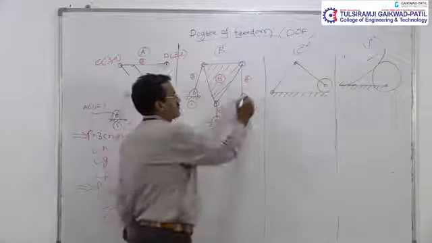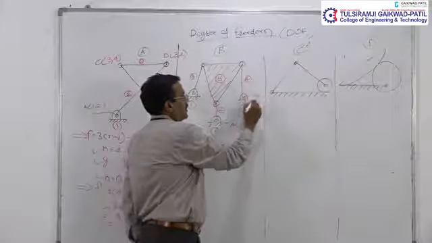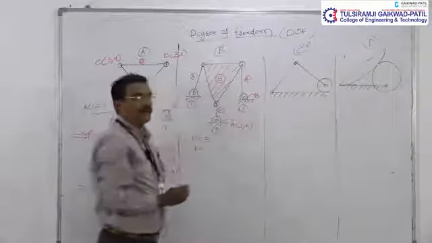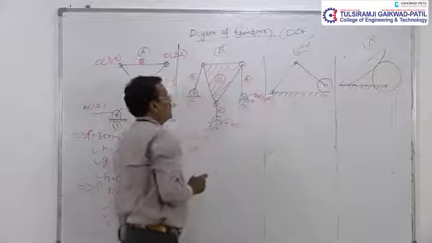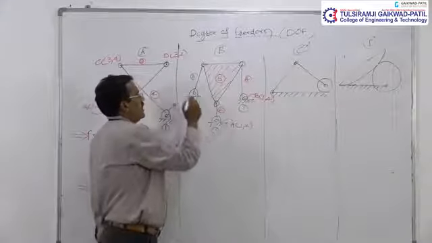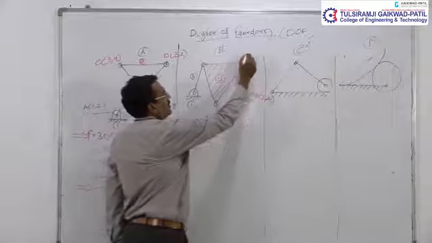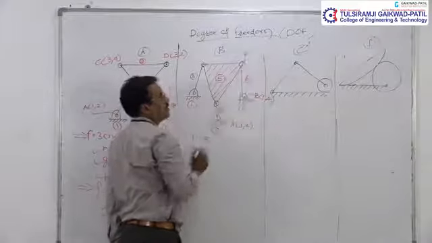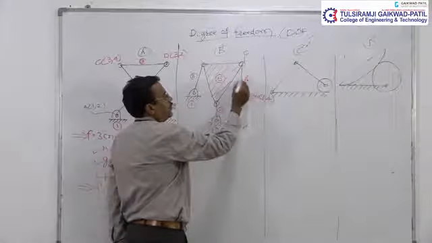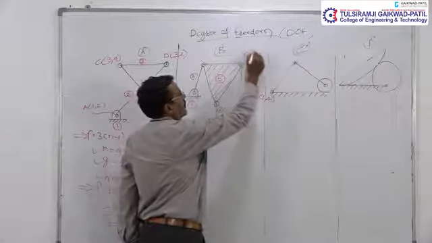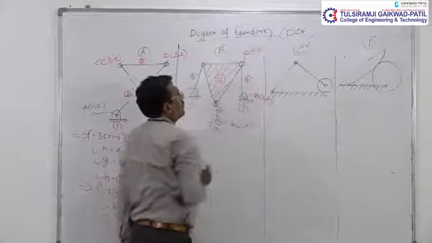Second one, this is another lower pair which is denoted by B, which is formed by link 1 and 4. This is another, third one, which is formed by link 4 and link 5.